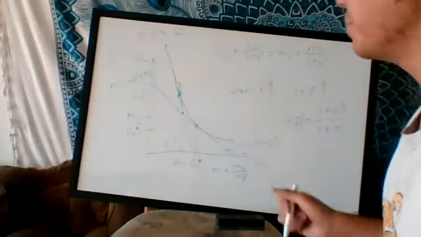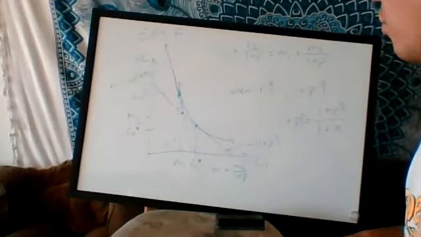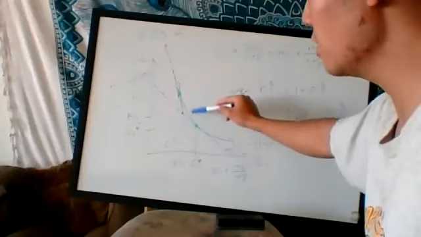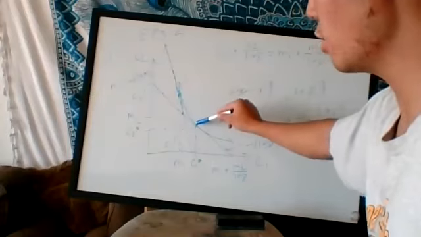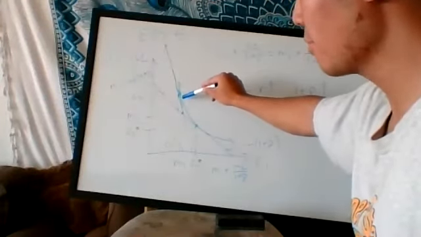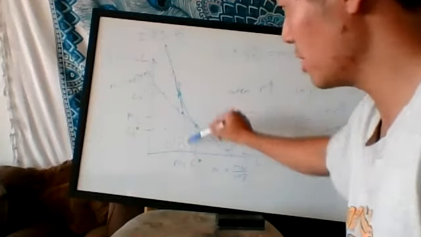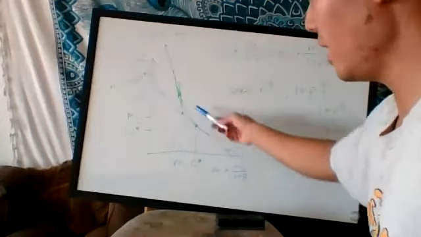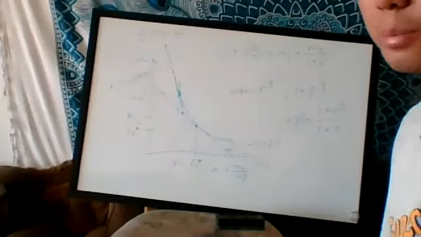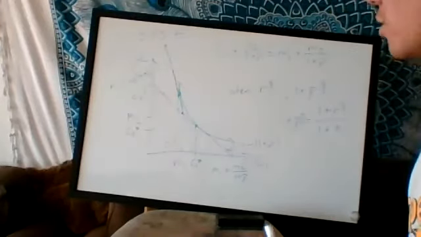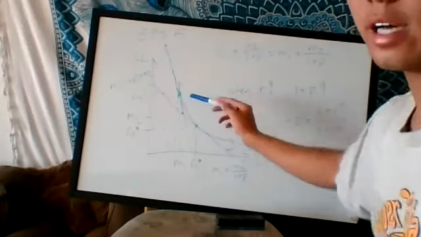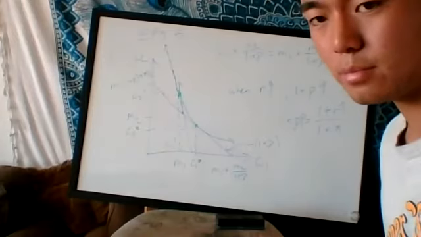If you look at this diagram, this person goes from here to here, meaning that they go from being a borrower to a lender. This is a result of an increase in the interest rate, and they're keeping the same utility because they're on the same indifference curve. So all of these factors combined are what results in this diagram right here.